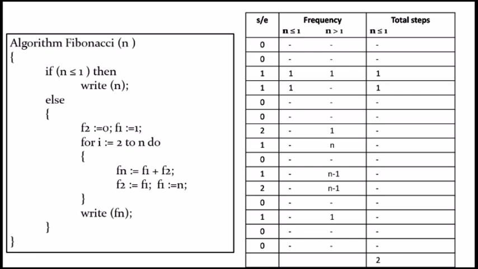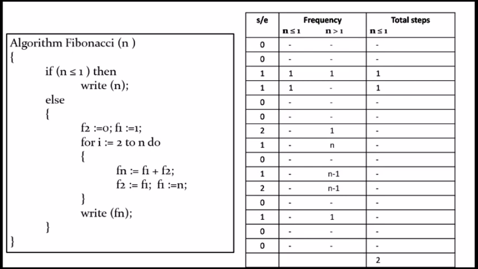So first two lines will be considered as 0, because first is the name and then the opening floor bracket. Next, that is the if condition. So here we are checking the condition. Even though the condition will become false, we are executing that statement, that is if n is less than or equal to 1.